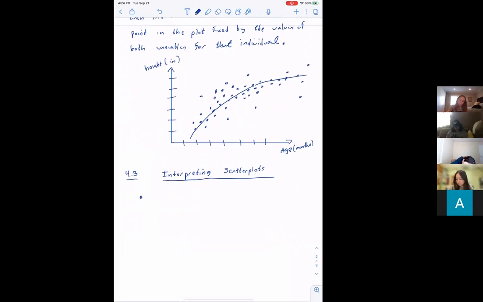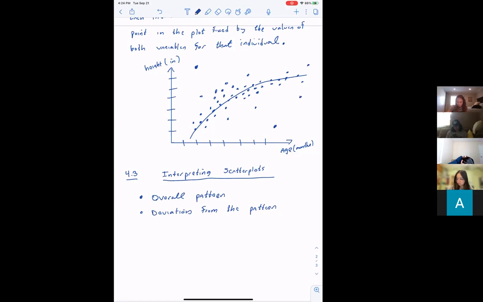So what are the things that we look for in a scatter plot? We certainly look for the overall pattern. We look for deviations from the pattern, right? If I had a dot down here or way out there or something like this, those are like, hey, what are those guys doing there? That doesn't make any sense, right?